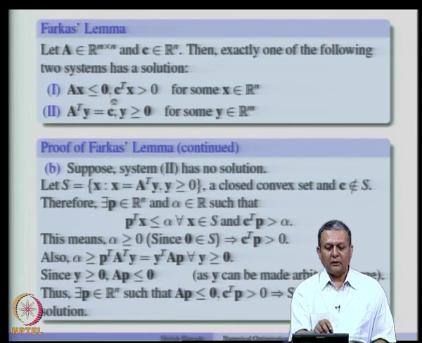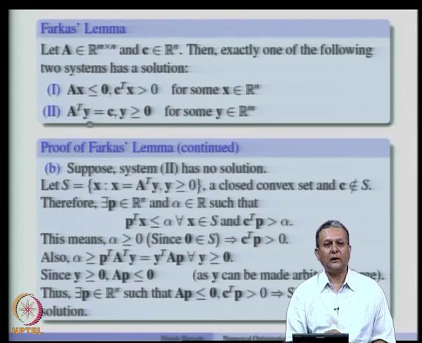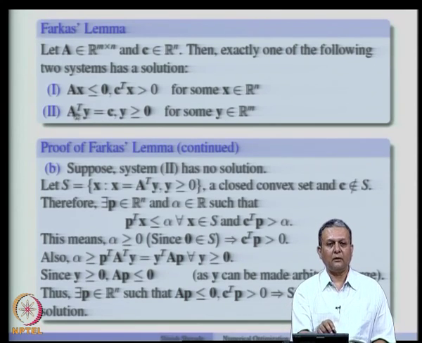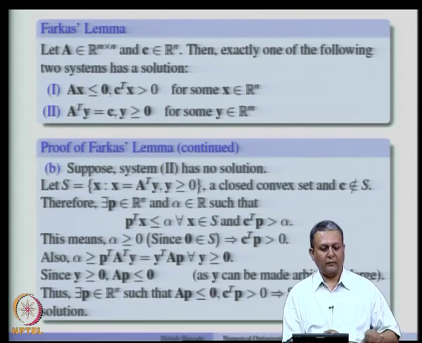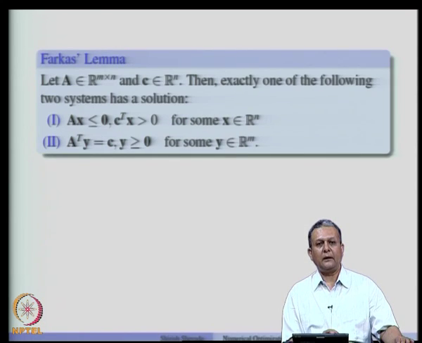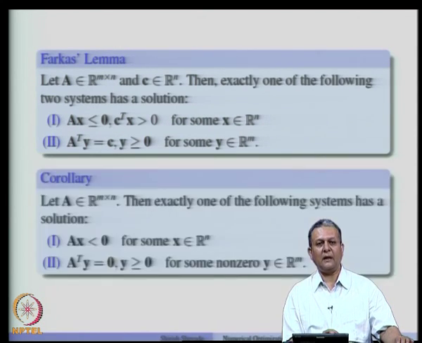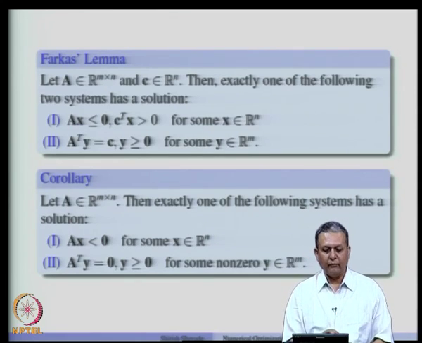Then if we consider the system Ax less than or equal to 0 and C transpose x greater than 0, if that does not have a solution, then the vector C can be written as a non-negative linear combination of the rows of the matrix A. This is a very important result which will be useful, and there is a corollary to that result, which we will see now.